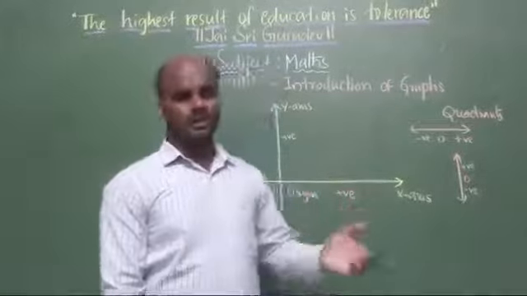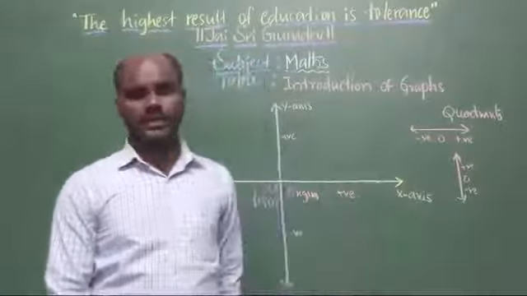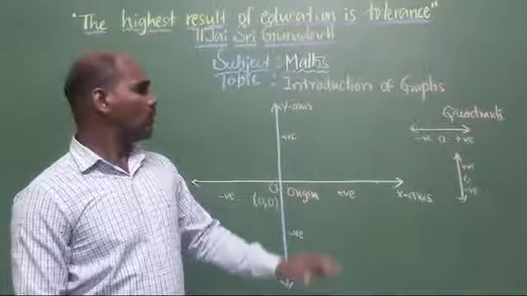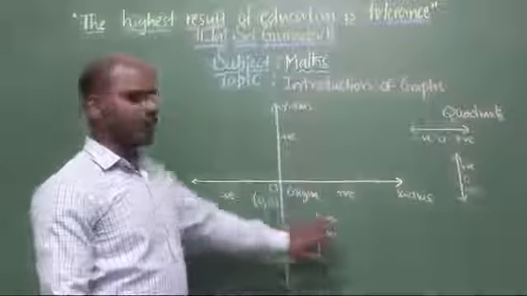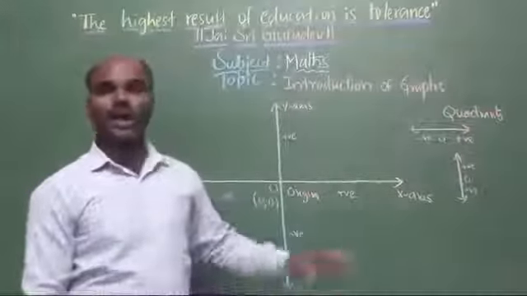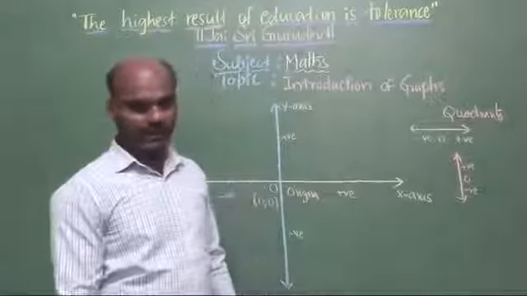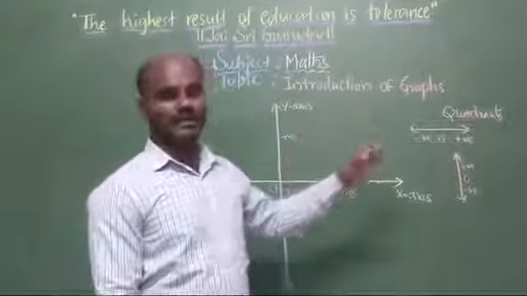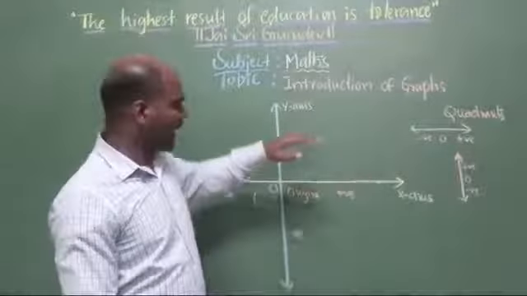But which one is the first quadrant, which one is the second quadrant, which one is the third, and which one is the fourth? We have to learn that now. Yes or no, children? While observing, every quadrant also has an x-axis and a y-axis.